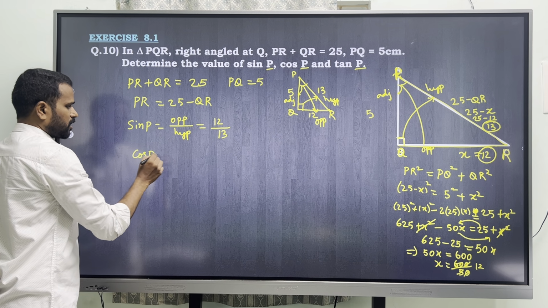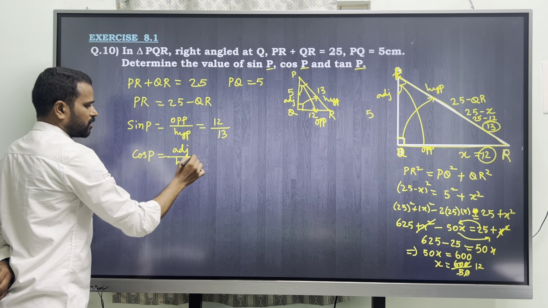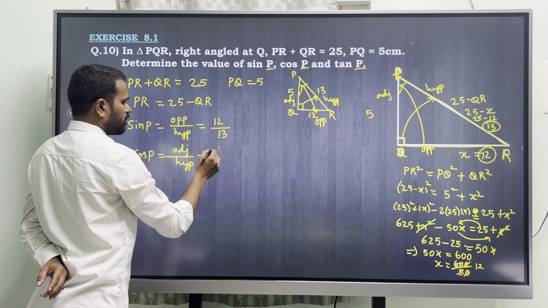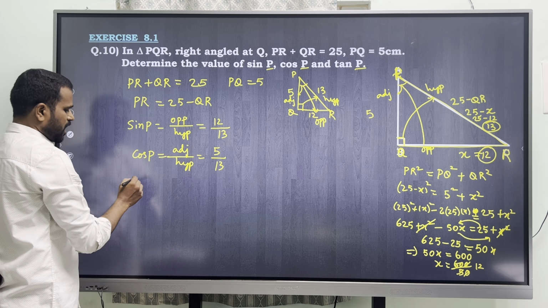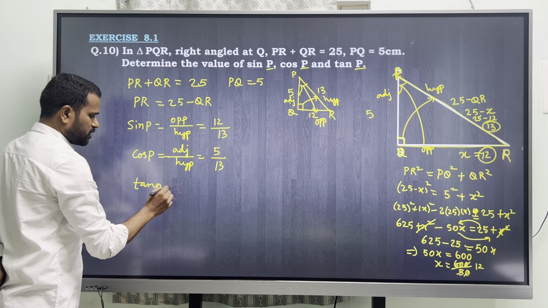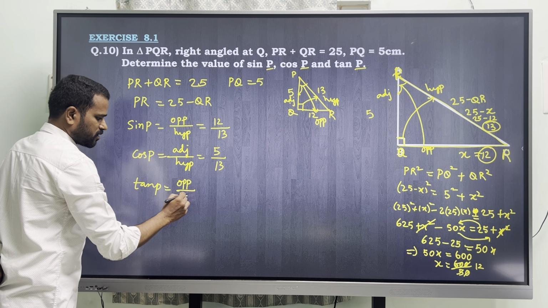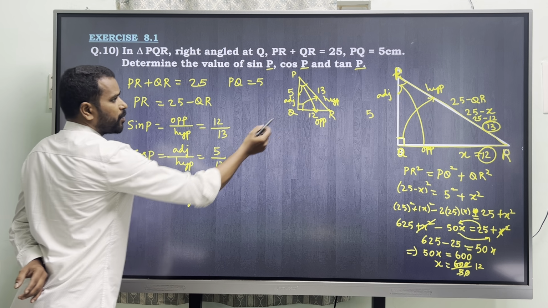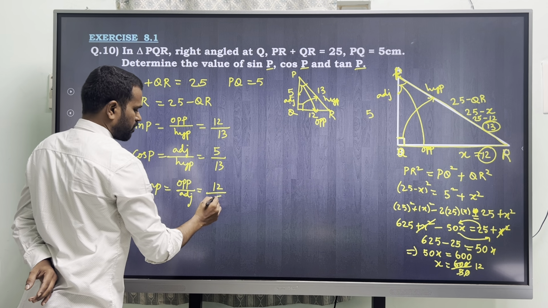Cos P how much? The definition is adjacent upon hypotenuse. So adjacent is 5 upon hypotenuse 13. So tan P, the definition of tan P is what? Opposite side by adjacent side. Opposite side 12, adjacent side 5.